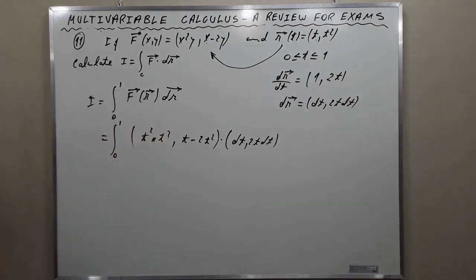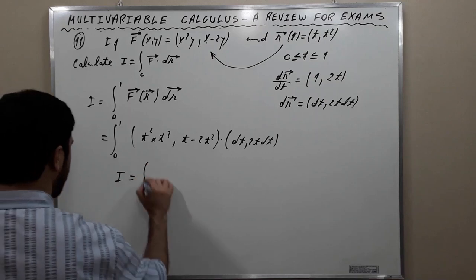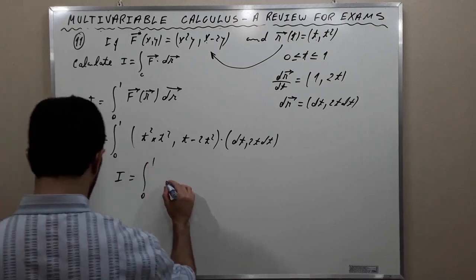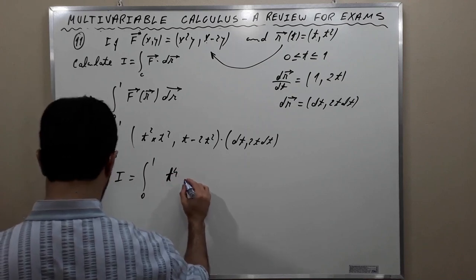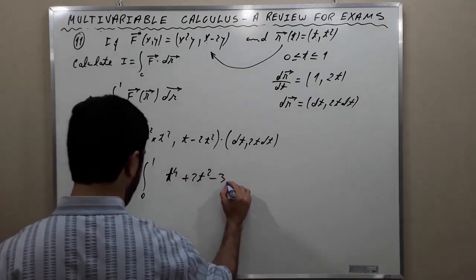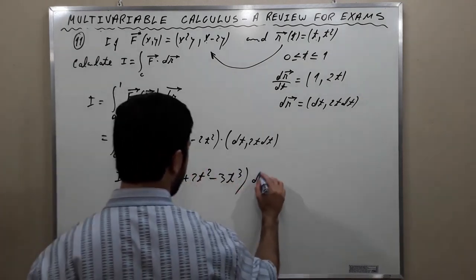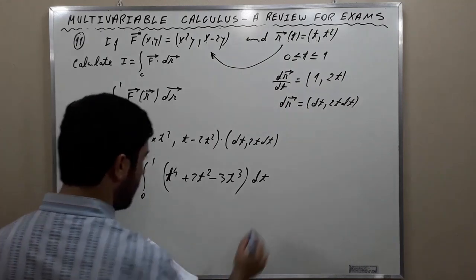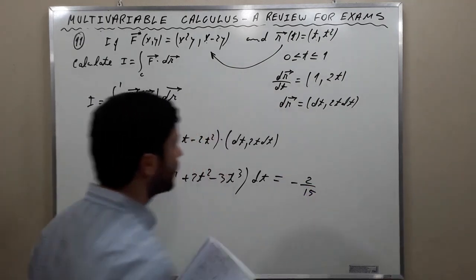All right, and by developing this, multiplying this by this, we get that I is equal to the integral from 0 to 1 of t to the fourth plus 2 times t squared minus 3 t cubed dt, and developing this we get 2 over 15.